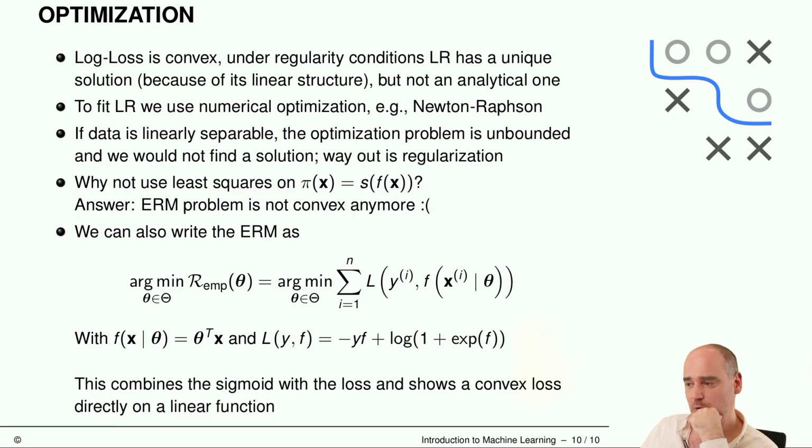It doesn't have an analytical one, so we can't directly solve it by computing a gradient and setting it to 0 as in the linear model case, but we can numerically optimize it.